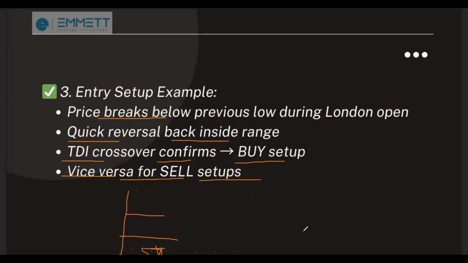Now, if you look at your TDI, you'll most likely have something like this. And this is what we call a divergence. When you see it at yesterday's low, then it means the market is actually about to go up or reverse.